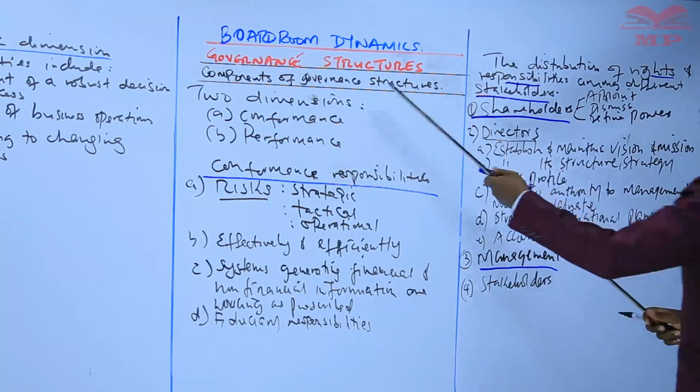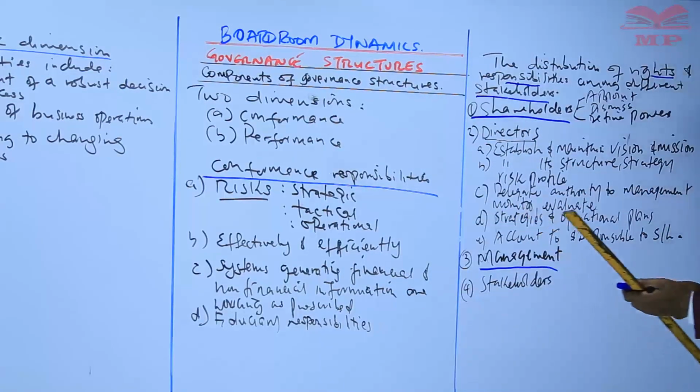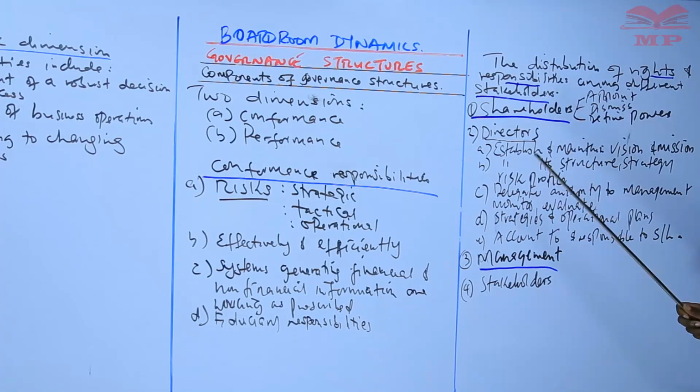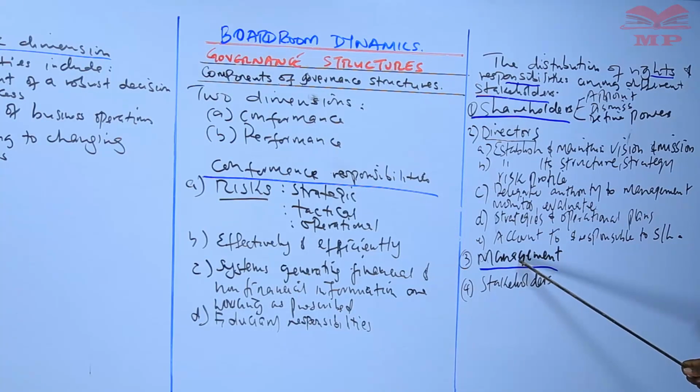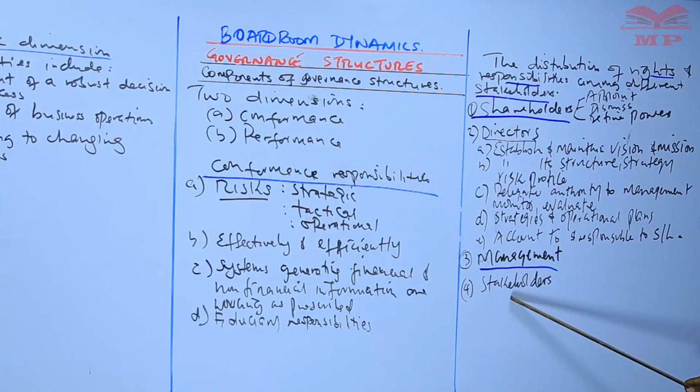So a governance structure should not just spell out the responsibilities and the rights of shareholders or directors or management. No, it has to spell out also the rules and procedures for decision making in corporate affairs as far as stakeholders are concerned.